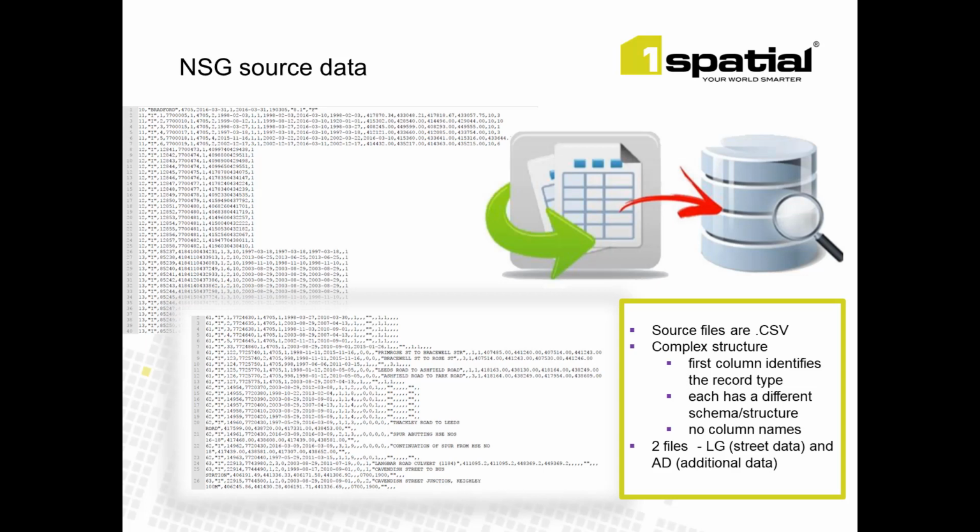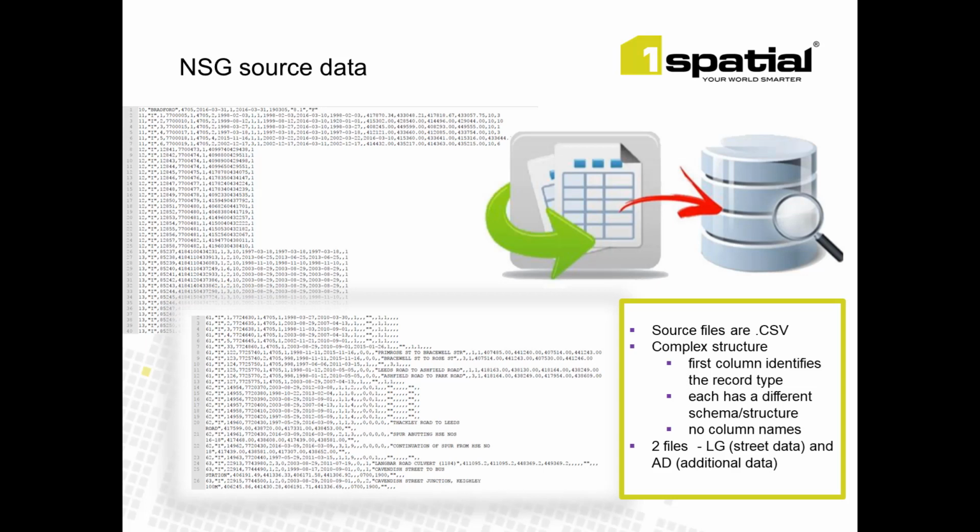And each of these has a different structure, so different columns of data, so we need to handle them differently. But they're all here in the same file with no column headers. And in fact, there are 2 files like this for every area. So you've got the LG file containing the street data, and the AD files that contain the additional data like special designations, and surface constructions, and so on.